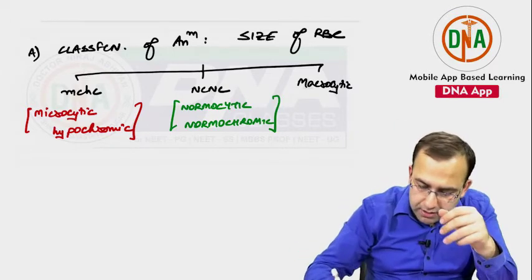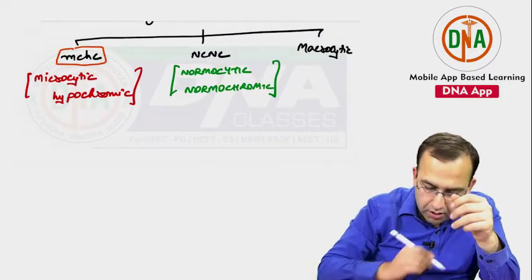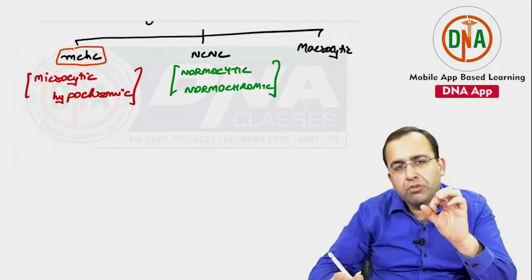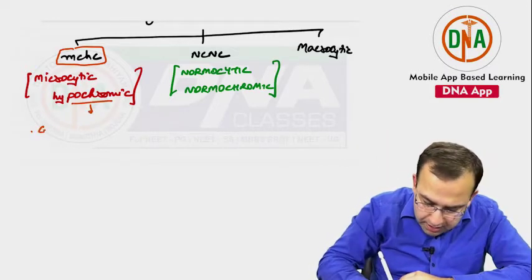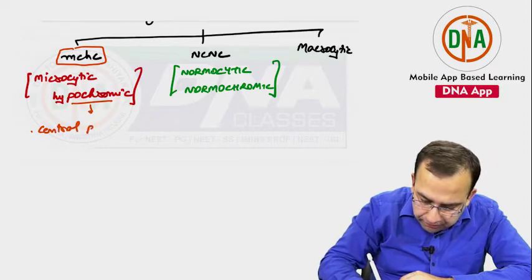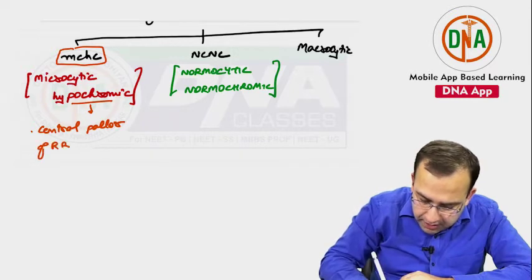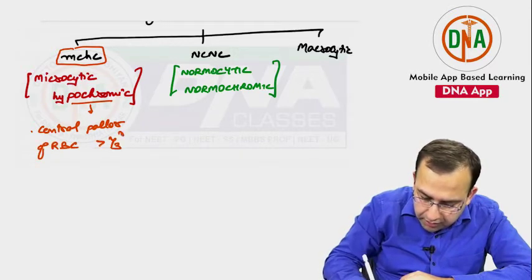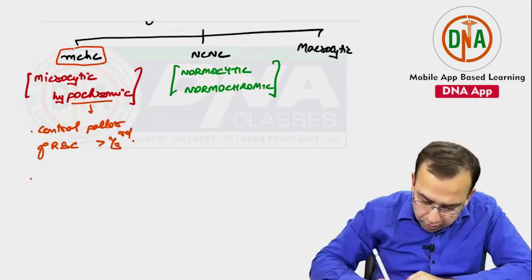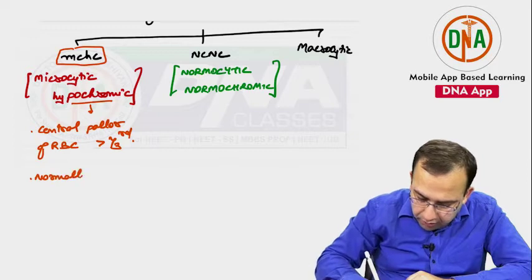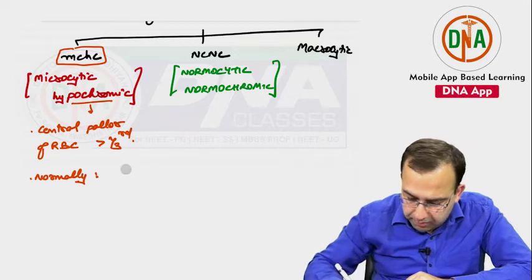What do we mean by this? Microcytic hypochromic: microcytic means the size is smaller. Hypochromic means central pallor of the RBC is more than 1/3 the volume of the RBC. You very well know that normally RBCs have central 1/3 pallor.